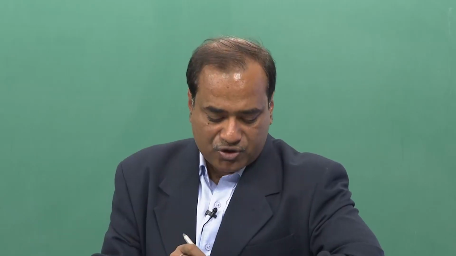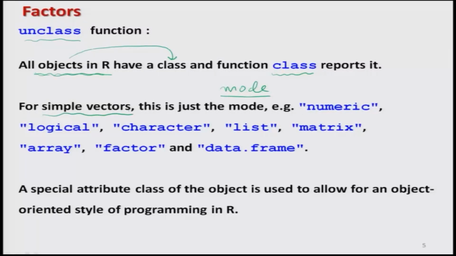So, when we talk of simple vectors, this class concept is the same as the mode. It will tell us whether the object is numeric, logical, character, list, matrix, array, factor or data frame. We have not done data frames up to now, but we will do them in the forthcoming lectures. The next thing is: why do we need this class? Why do we need this information on the class?